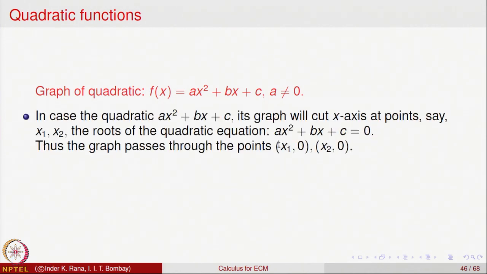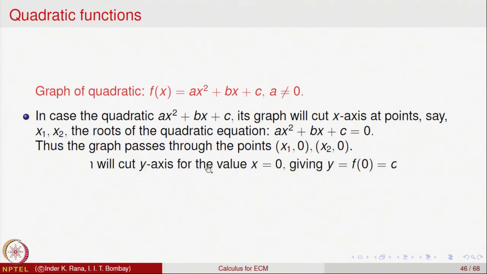So, first of all, this is a quadratic. At the most it can have two roots, right. So, x 1 and x 2 are possibly the roots; it may not have any real root, it may have two distinct real roots, or it may have only one real root, where both the roots coincide.